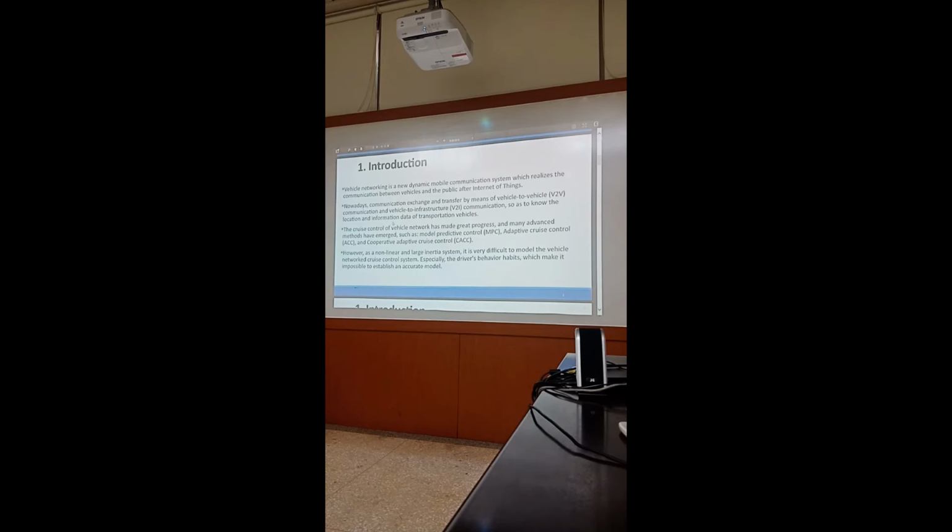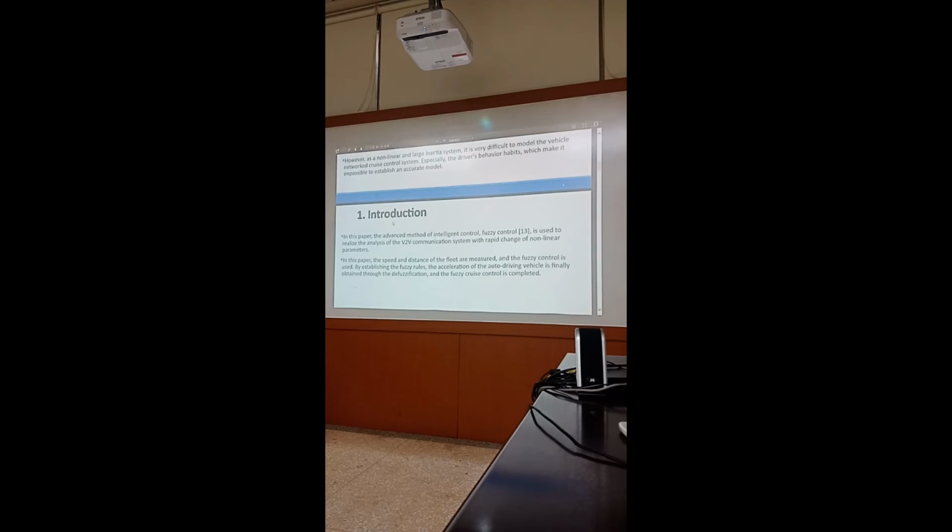So in this paper, they want to calculate the factor of the automatic driving from the cruise control, like the distance from the other vehicle and the speed of the other vehicle. And they use a fuzzy inference system to do the calculation.